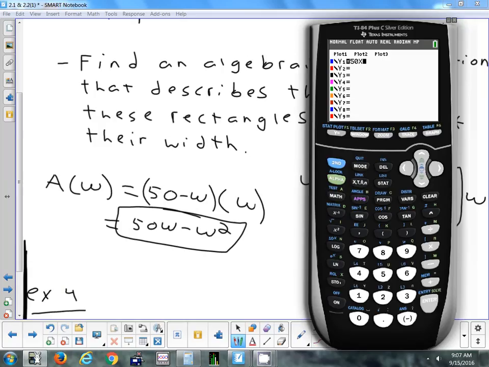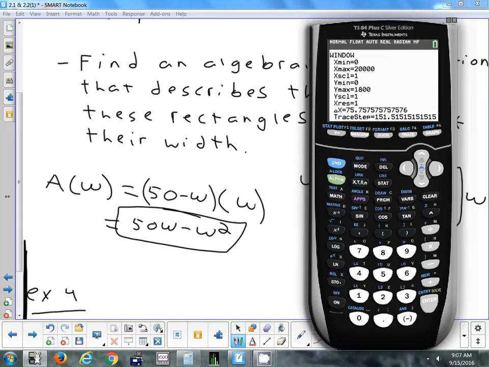What shape is that graph? 50W minus W squared. Nope, not a rectangle. It's a parabola, specifically opening down, not up.